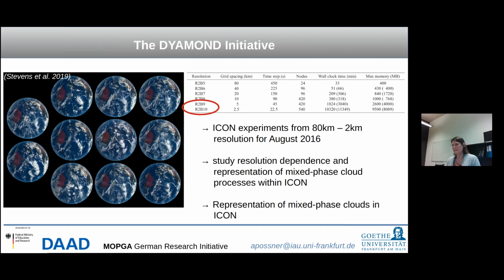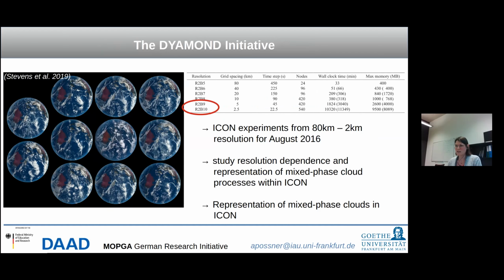This is a summary of global simulations across many different models that were performed during the DYAMOND Initiative. So there's this general push in climate models to circumvent the cloud problem that we know exists in coarse scale models and go to higher resolution models that don't require a subset of the parameterizations that are still needed in coarse scale models.